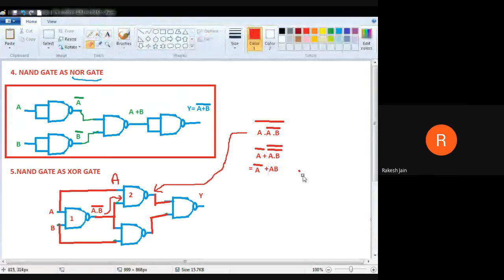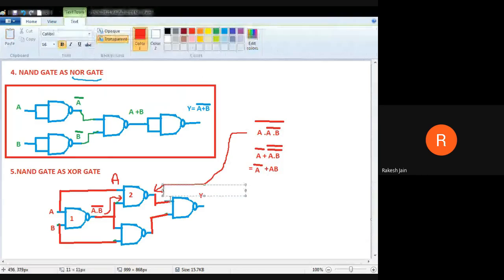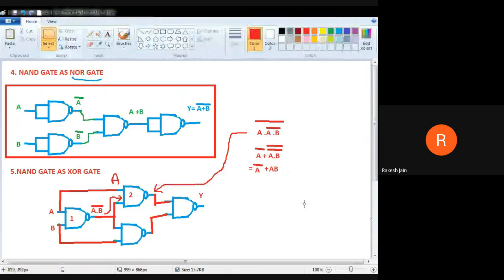So AB is only remaining. A dot B means AB. So the output of this is A bar plus AB. So now what is present here? It is A bar plus AB actually.